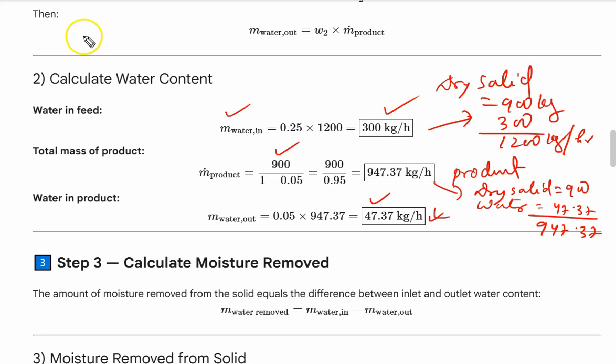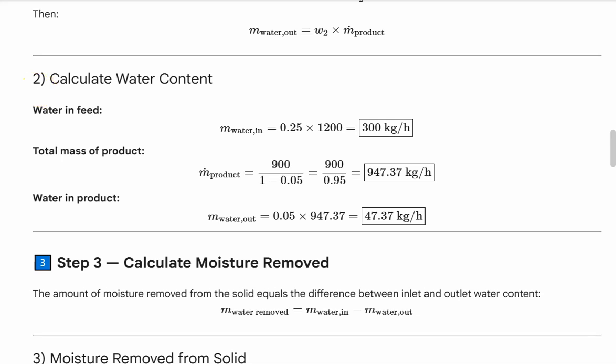So we got that. Now calculate the moisture removed. So m water removed means m water in minus m water out. So in is 300 and out is 47.37 kg per hour. So if I do that, we will get that. Okay, so that is step number 3.